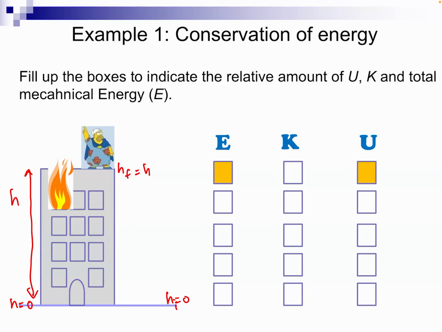Hey, what if he's crazy, so he jumps. At this point, 1/3 down from the top of the roof, what can you say about his kinetic, potential, and total energies? If this is 1/3 the height, then his potential energy would have decreased by 1/3 of the maximum, right?